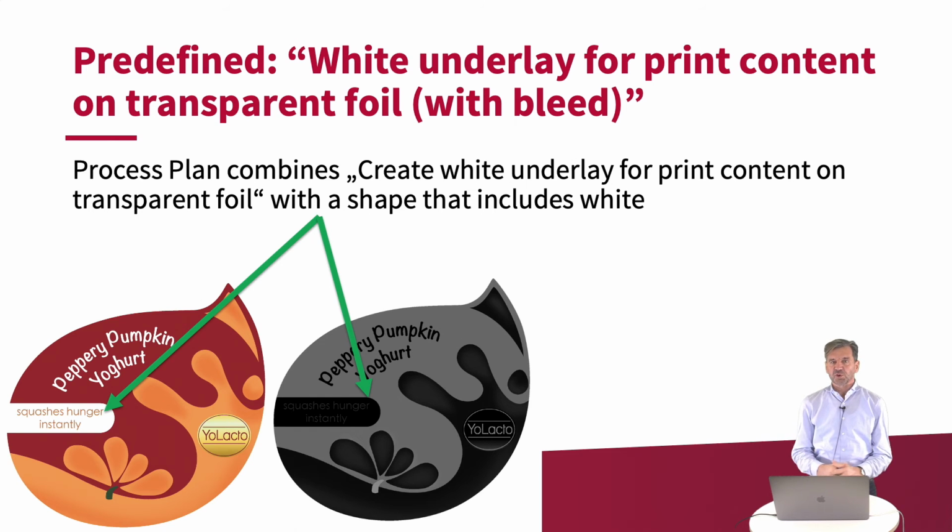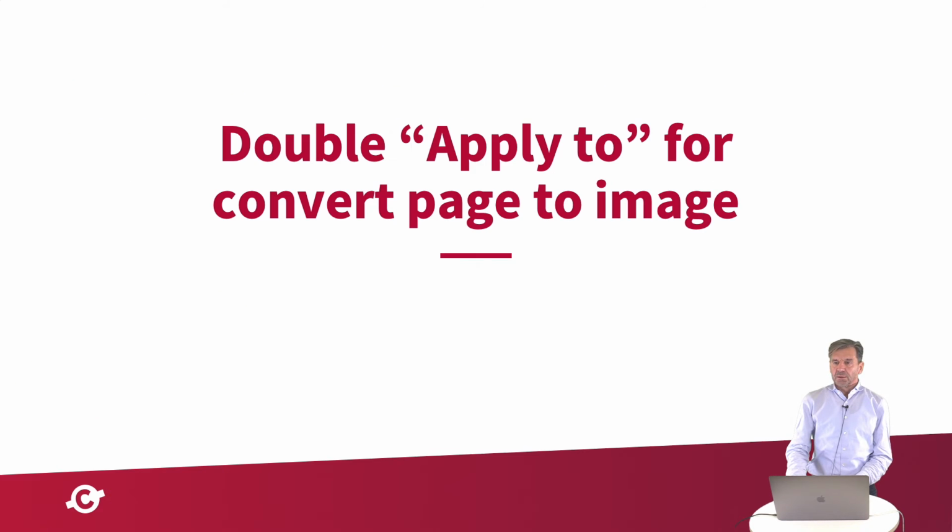It uses a shape in order to determine where you want to have white background, and it still uses the curve function in order to take the ink amount into account. And that's what I wanted to say for this one, but I'm open to questions.